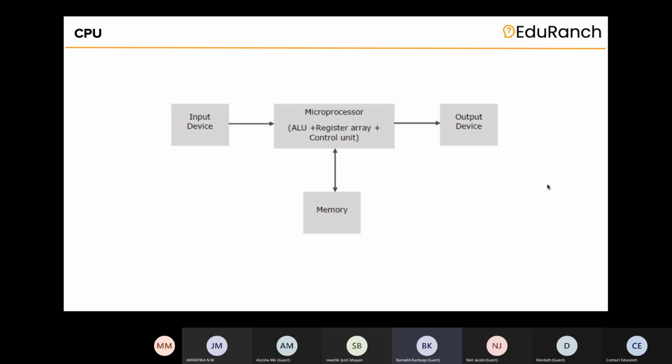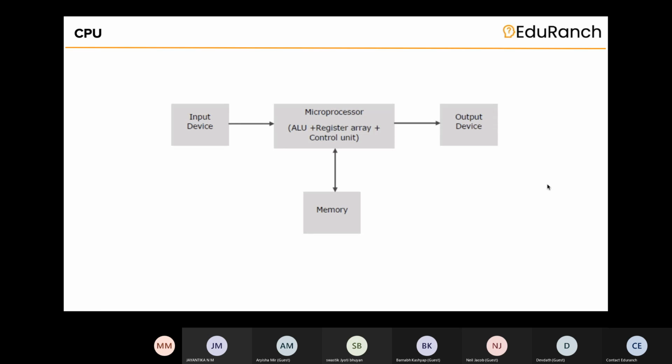Excellent. So in the computer, the microprocessor is the brain of the computer, which does all the processing. The CPU sometimes also gets referred to as the whole motherboard, everything. Within that, there is a microprocessor, which is the actual central processing unit, which does the computation.